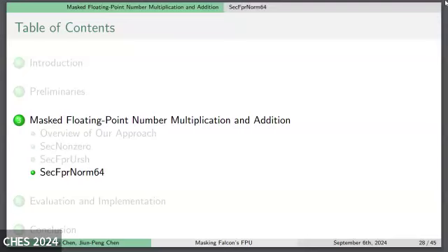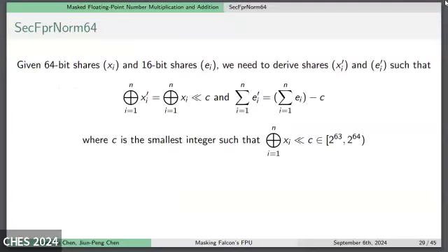And for floating point normalization, its goal is, given 64-bit shares X and 16-bit shares E, to derive shares X prime and E prime, such that X prime is X shifted by C bits and E prime is E subtracted by C, where C is the smallest integer such that X shifted by C bits is in the range between 2 to the 63rd and 2 to the 64th.